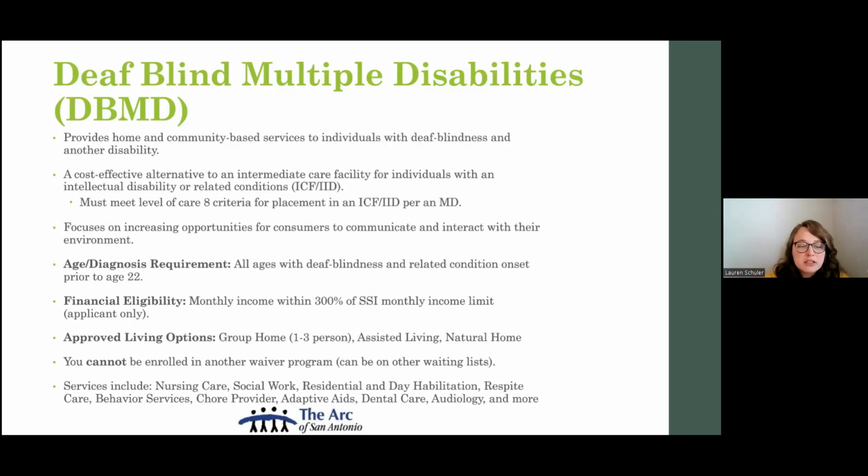A couple of the big ones here include nursing care is included, social work is a big one. Obviously, audiology would be important when receiving this waiver, behavior services, chore providers, and then they work on adaptive aids as well. So this is a really good option for individuals with deafblindness. And I didn't put it on here, but the wait list for this one, I believe, is also in the 6 to 8 year range at this point in time.